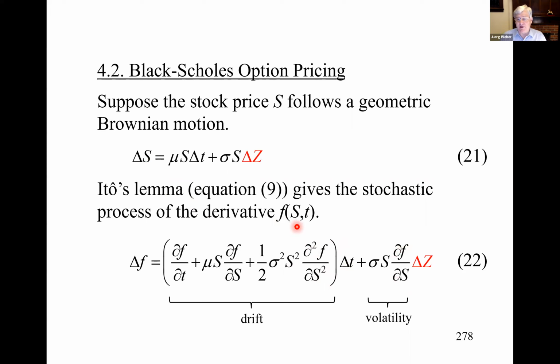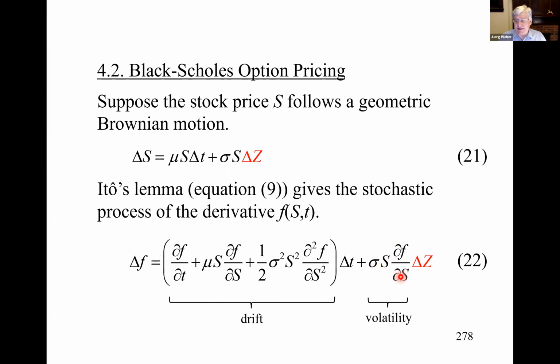It's a partial derivative. So the volatility of the share price is sigma s times s. The volatility of the derivative is the old volatility of the underlying share times this ratio here.